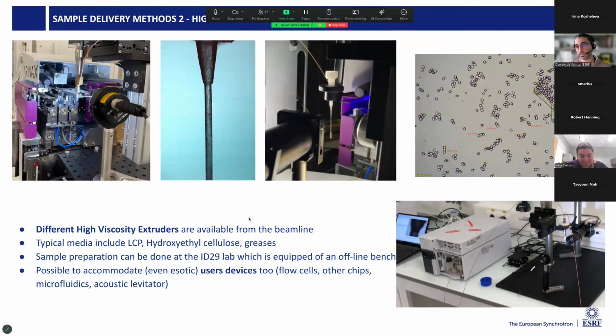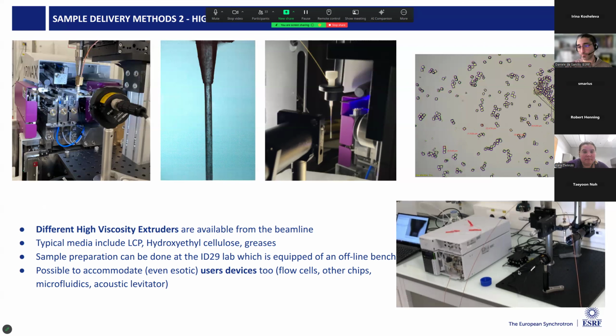The other sample delivery systems that we support are high viscosity extruders and also the Ceralix injector that has been developed at Gothenburg University. This is much more used for crystals grown in LCP, but we can also provide other carrier media like hydroxyethyl cellulose and grease.